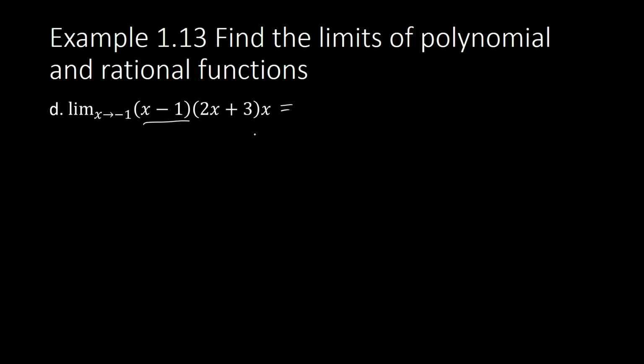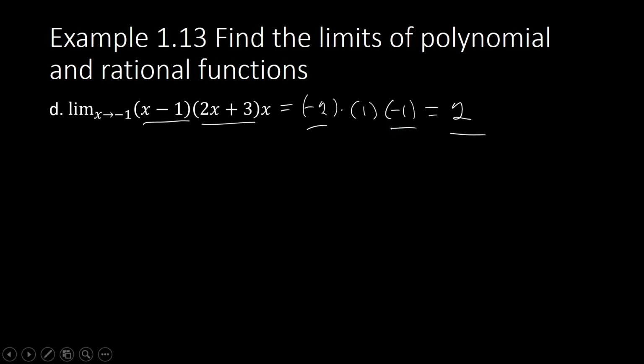So this one, as x approaches -1, is just equal to -2 times, this one is +1, -2 plus 3 is 1, and then times -1. So it's -2 times 1 times -1, and that is just equal to 2. Okay, so pay attention to the law of signs. Negative times negative is positive.